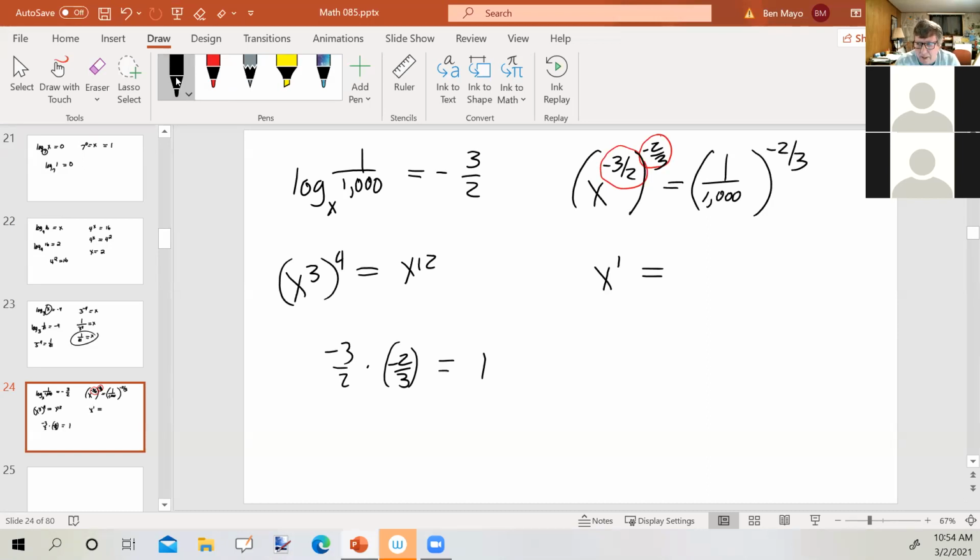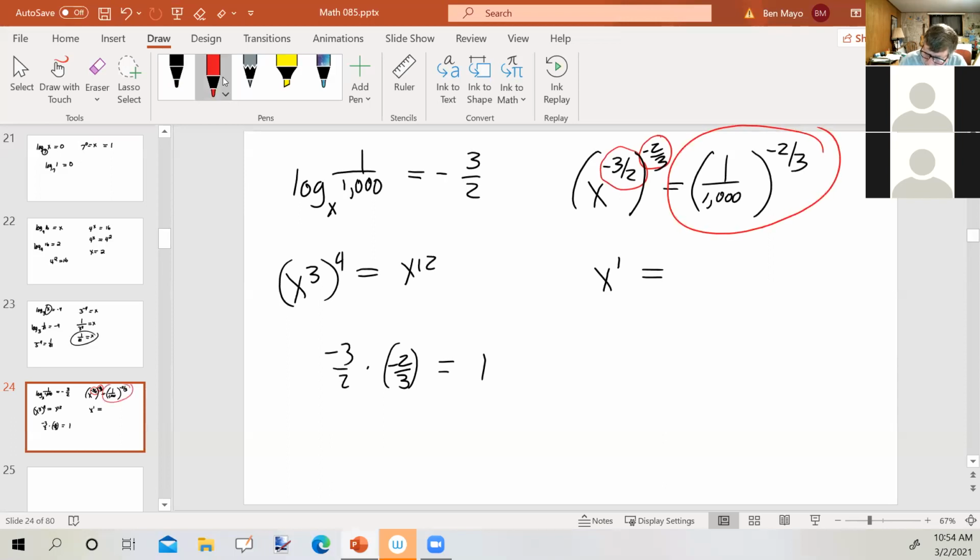Do you see how I got that? Any questions there? So now the question is, what is that? Well, 1 over 1,000 to a negative power would be equal to 1,000 over 1 to a positive power. Well, x to the 1 is just x, and 1,000 over 1 is just 1,000. So 1,000 to the 2/3 power.